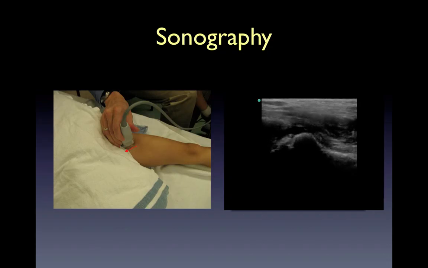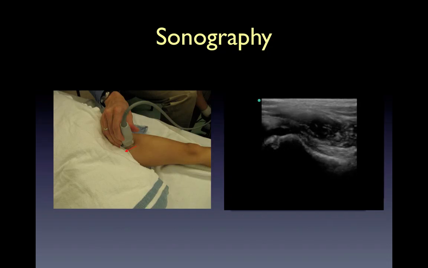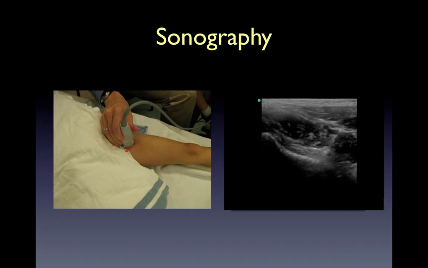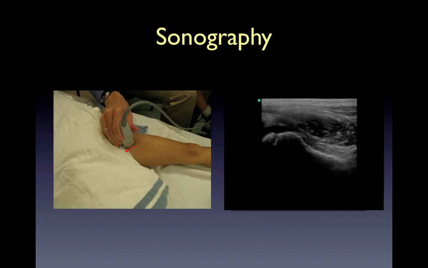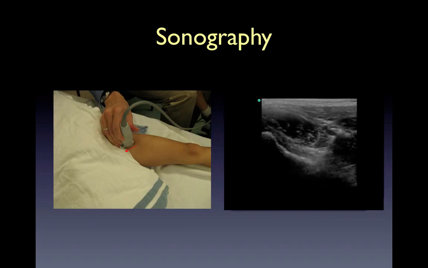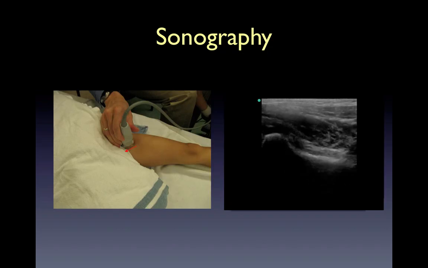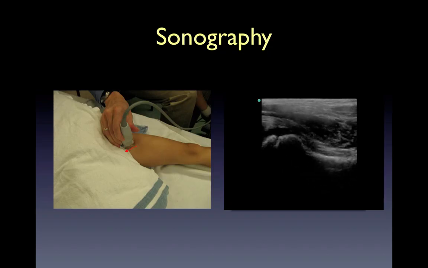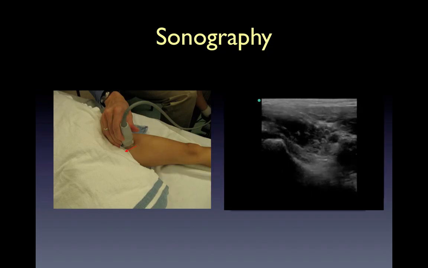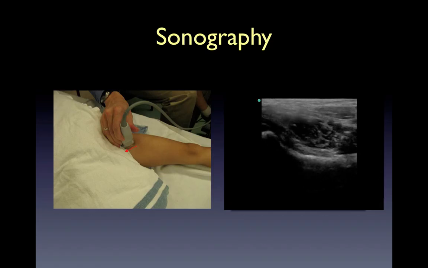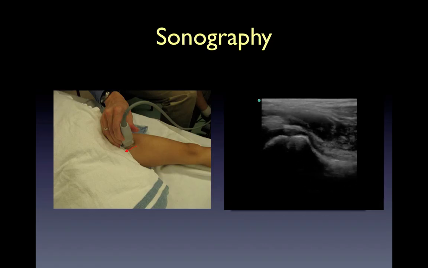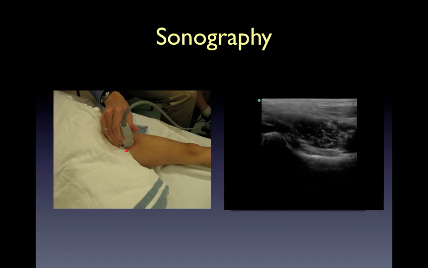This space is bounded by the anterior and posterior layers of the joint capsule. The anterior layer of the joint capsule lies just posterior to the iliopsoas muscle. The posterior layer lies just anterior to the anterior aspect of the femoral neck. This capsule is usually easier to appreciate when an effusion is present.